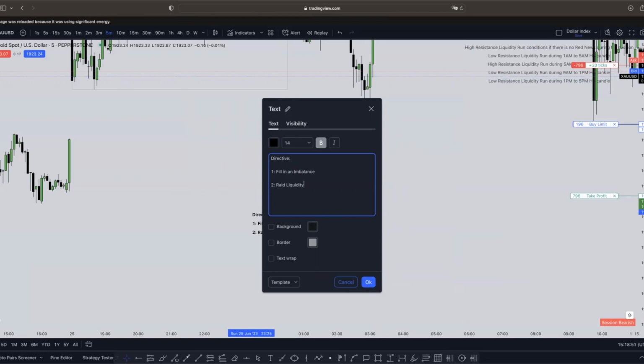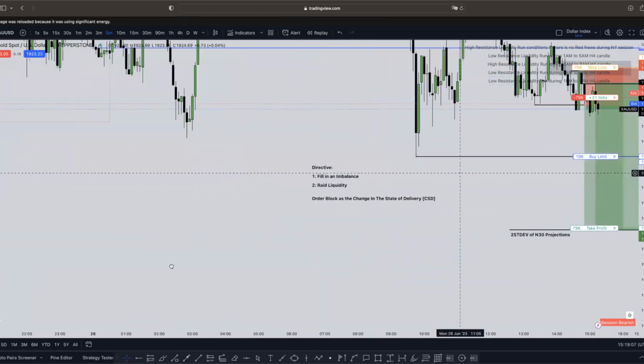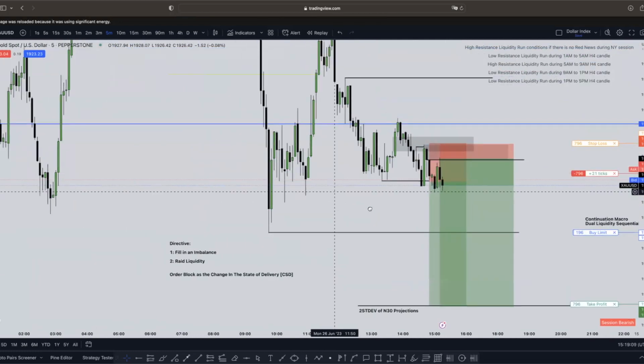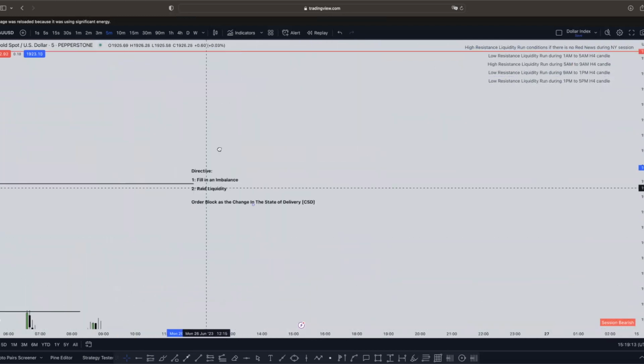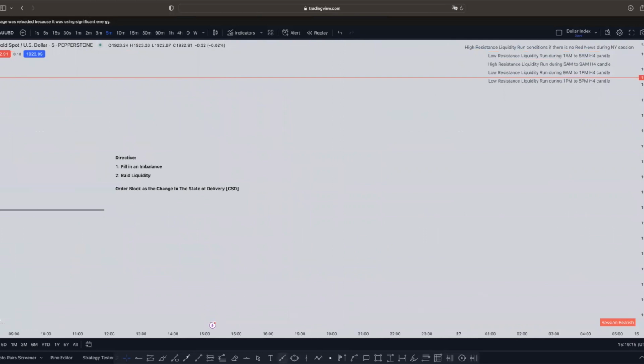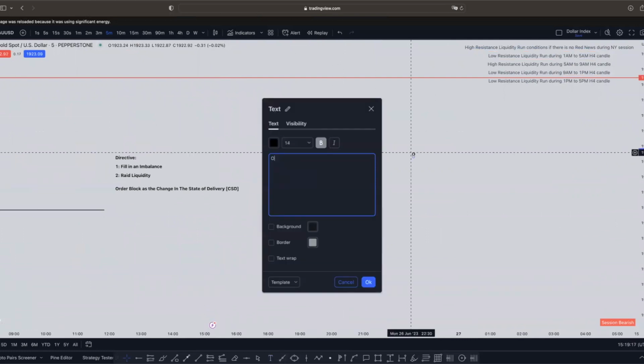So in today's video, I'm going to talk about the order block as the change in the state of delivery. In my mentorship, I call it the CSD. We all understand that an order block, from one of my old videos, can form in one of two ways.